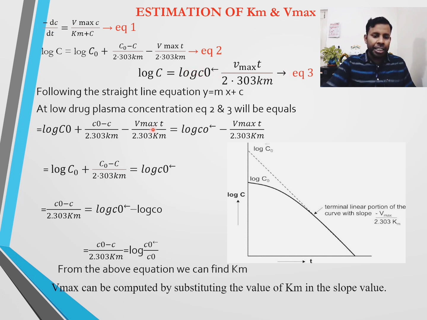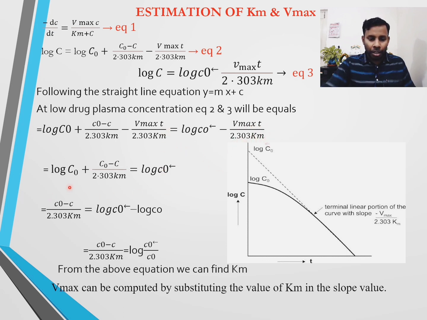The same thing is written here. Log C0 plus C0 minus C by 2.303 Km minus Vmax t by 2.303 Km. This part is equal to this part: log C0 back minus Vmax t by 2.303 Km. So Vmax t by 2.303 Km and Vmax t by 2.303 Km will be cancelled.